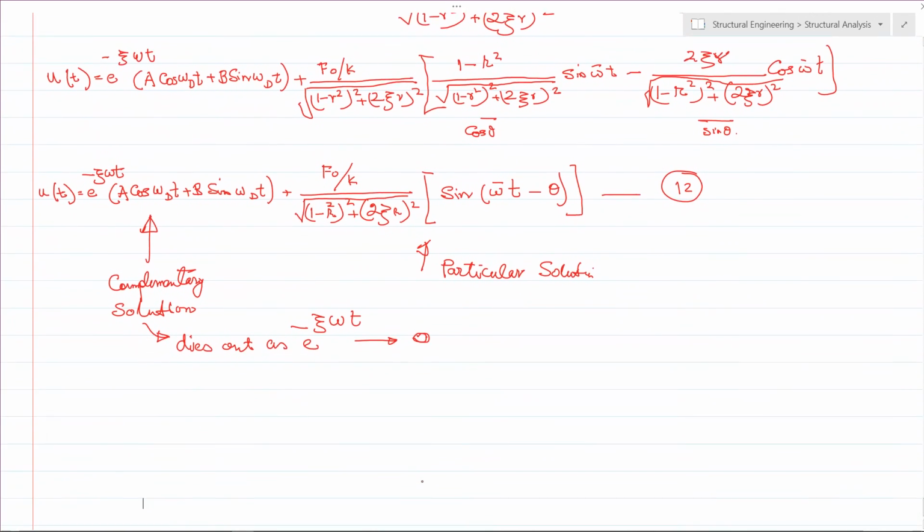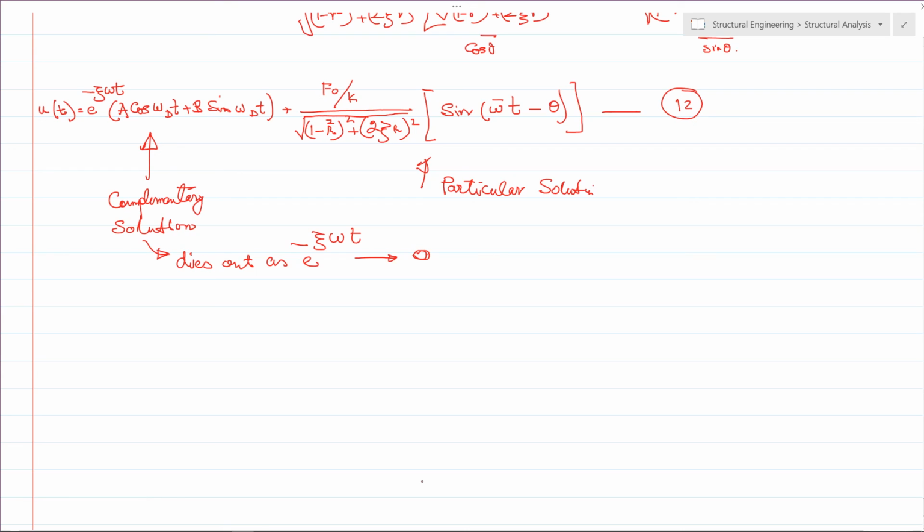So if we write our particular solution, it is equal to F naught over k over the square root of ((1 minus r square) whole square plus (2 xi r) whole square) into sine of (omega bar t minus theta).